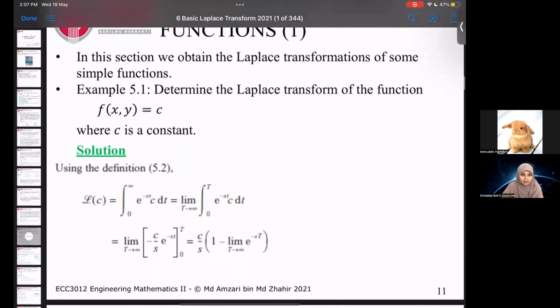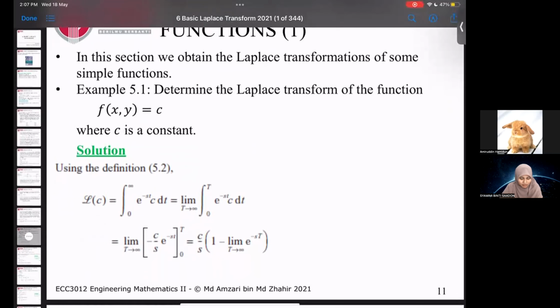For example, we have a simple function, c, a constant. How are we going to determine the Laplace transform of this type of function?